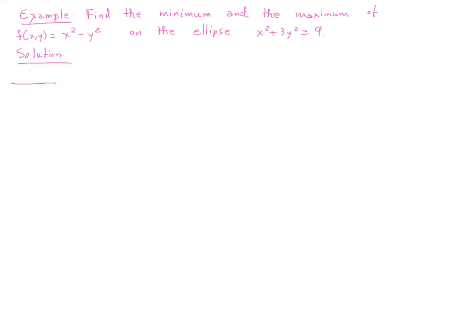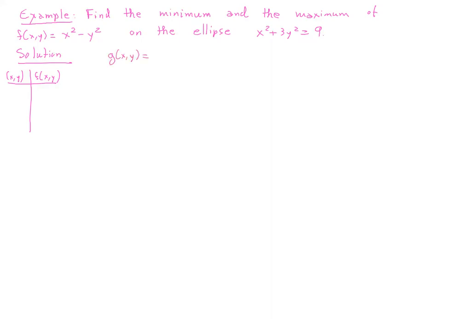Again, let's start with our table. The reason we do the table is because the constraint defines a compact set on which extrema are guaranteed to exist. So let's start by making up the function that will give us the constraint.